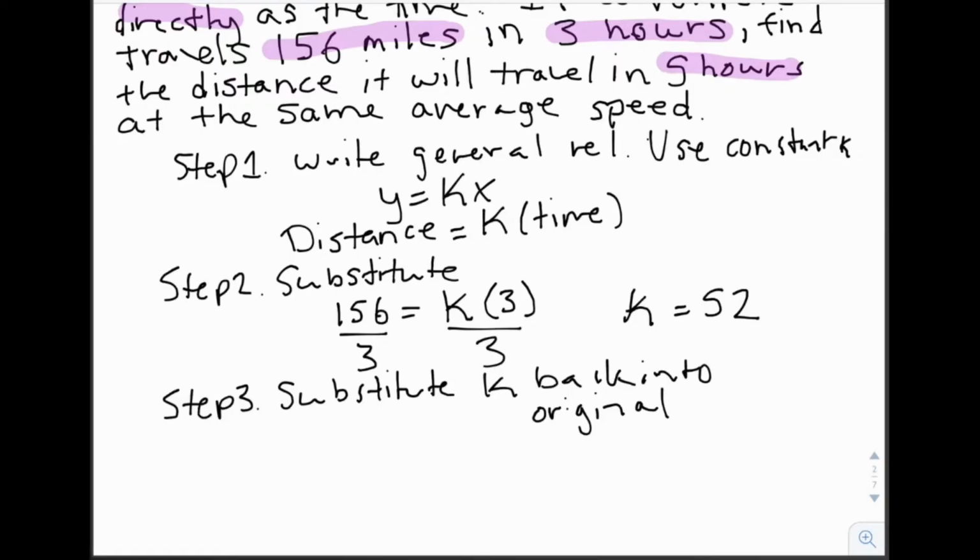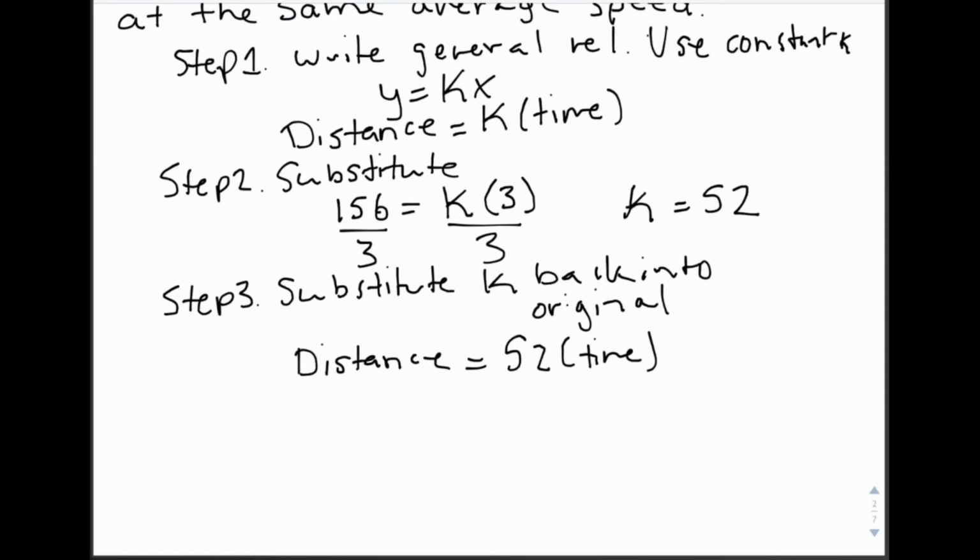So that will give us our distance equal to k, which we now found, 52 multiplied by our time. Okay, so now we can move on to step number 4 and step 5.